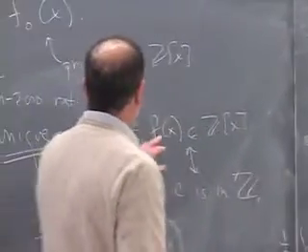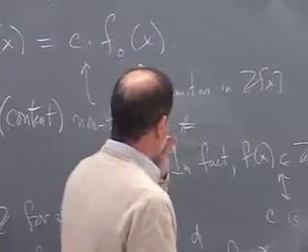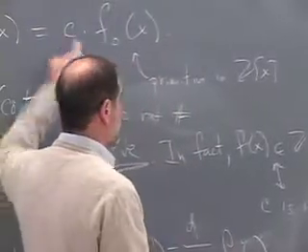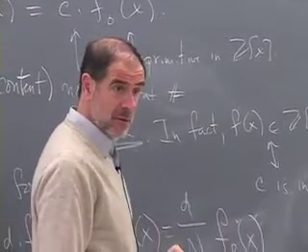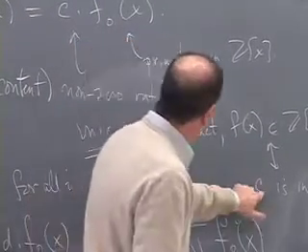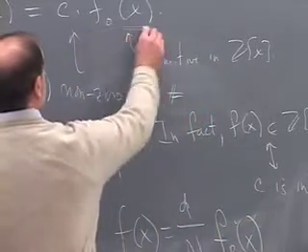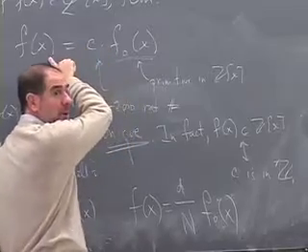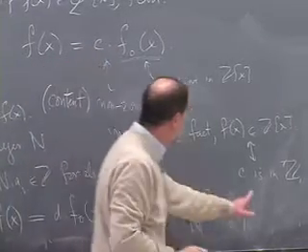In fact, okay. I claim that when I write the polynomial this way, the polynomial has integral coefficients if and only if this constant is an integer. If the constant is an integer, this has got integer coefficients. So if you multiply a polynomial with integer coefficients by an integer, you get an integral polynomial. Okay, so that's this direction.